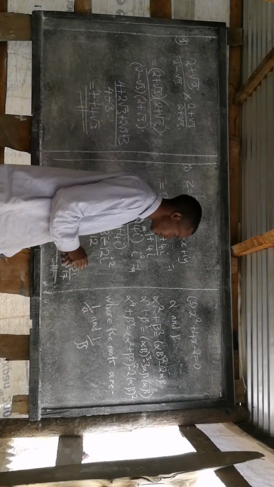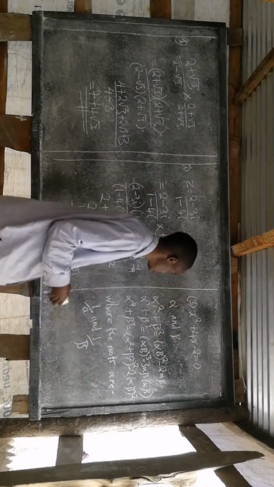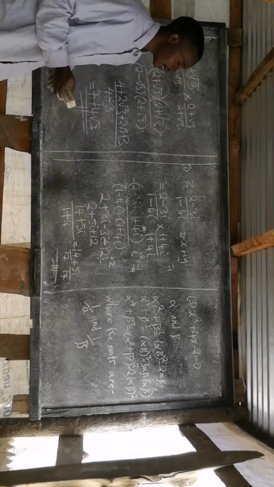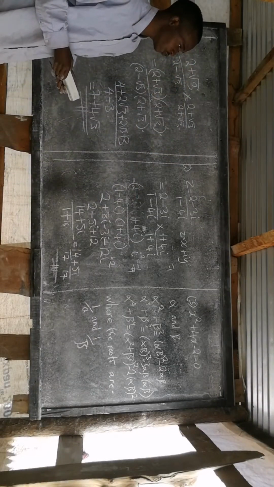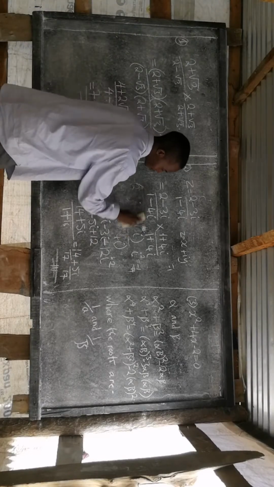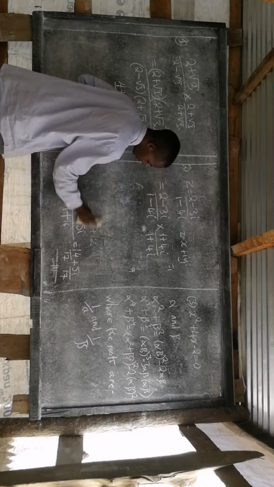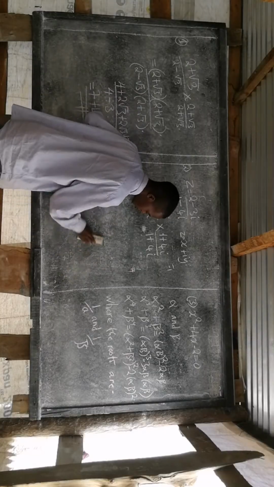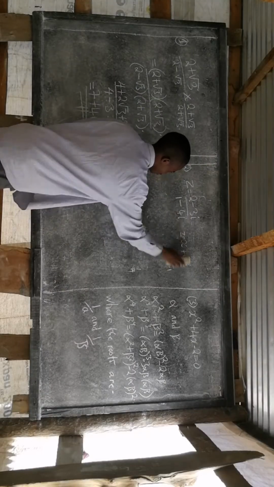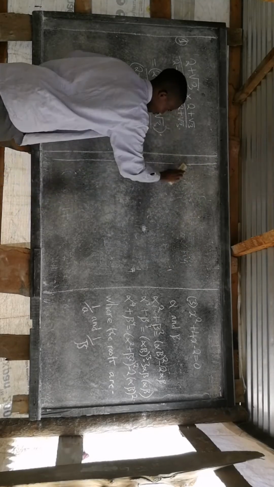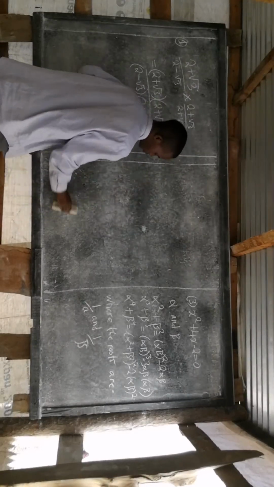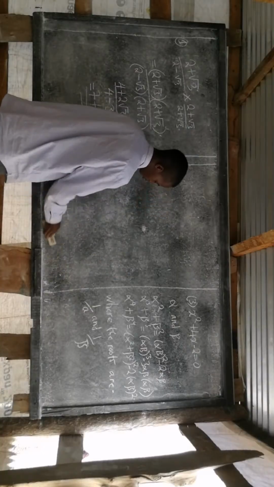So let's answer the last question. The last question which we have is x squared plus 4x minus 2.